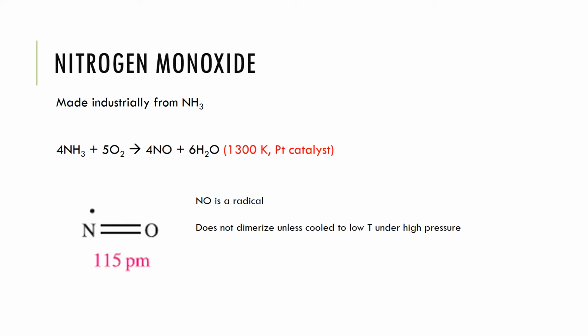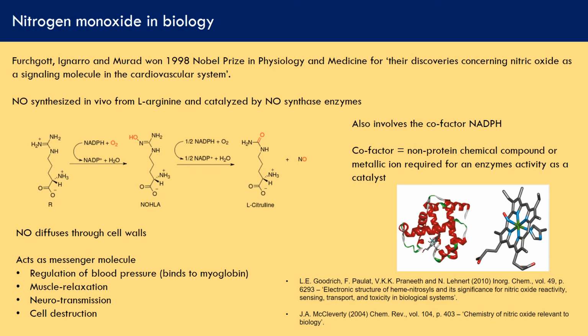Nitrogen monoxide can be made industrially from ammonia. You need high temperatures and an expensive platinum catalyst for that. And nitrogen monoxide has an important role in biology.